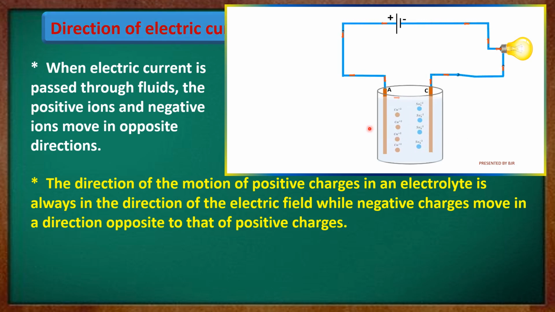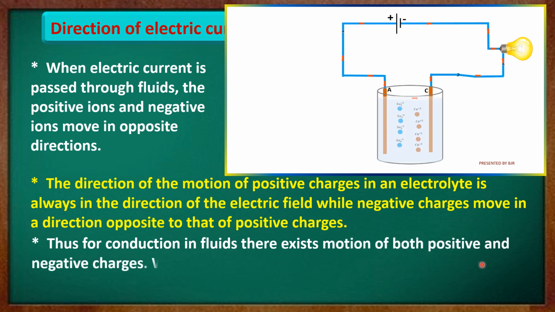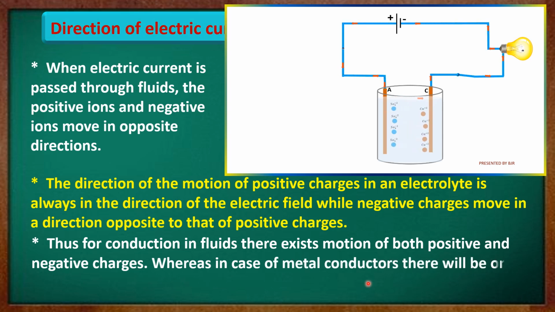Sulfate ions are moving towards left. Thus, for conduction in fluids, there exists motion of both positive and negative charges, whereas in case of metal conductors, there will be only motion of electrons.